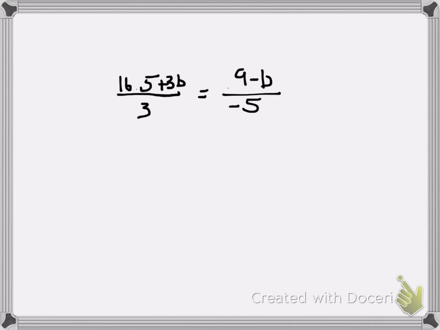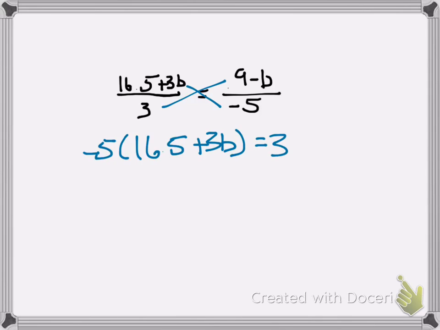And the last one. This one has decimals. That's okay. I'm going to follow the same process. Cross multiply. So I'm going to get negative 5 times 16.5 plus 3b equals 3 times 0.9 minus b.